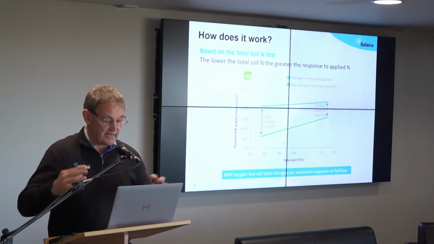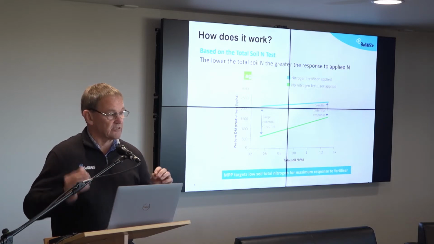So you're getting that big difference there, and that's what we based the whole model off. AgResearch not only developed the research, but they also helped us develop all the algorithms and the initial desktop model in the background.